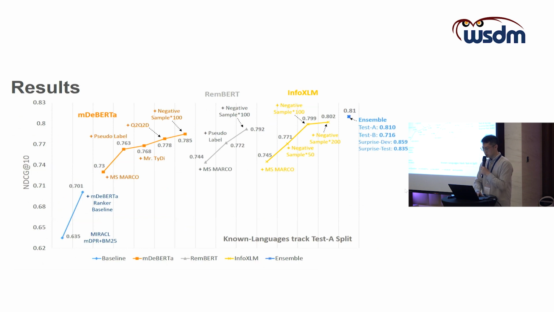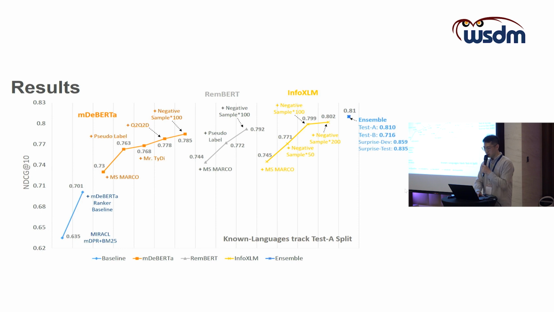This figure displays the results of our experiments from the previous slide. Based on the hybrid retrieval result, we were able to achieve a score of 0.701 on the leaderboard with the MD-Beta baseline ranker. And we conducted 3 different lines of experiments starting from the baseline using different pre-trained language models and data engineering techniques. All the models were pre-fine-tuned using the MS MARCO dataset, which has been proven to be particularly effective.